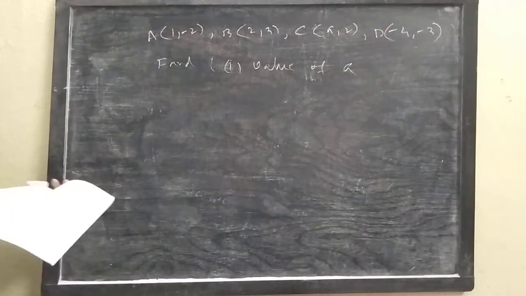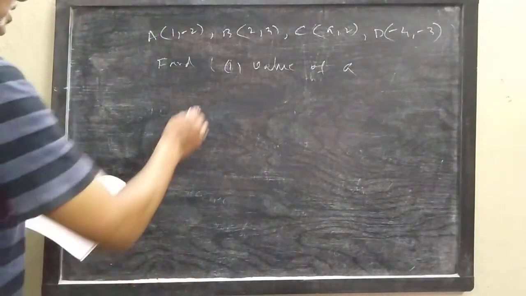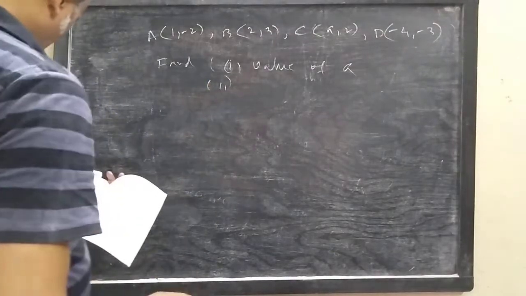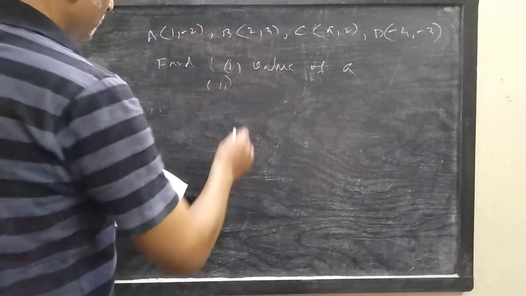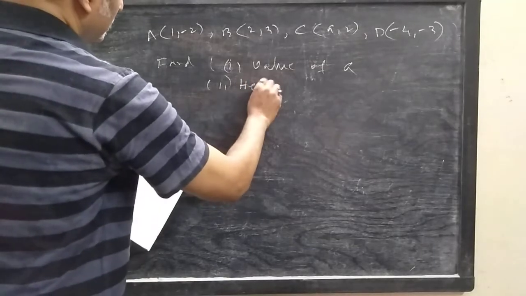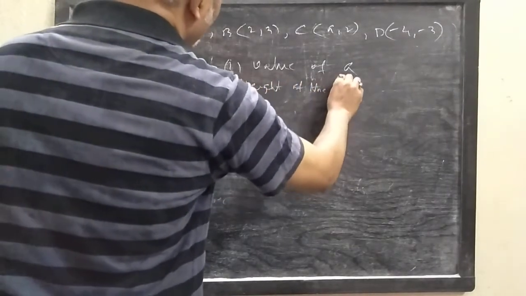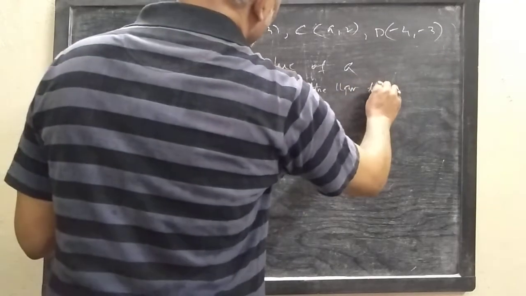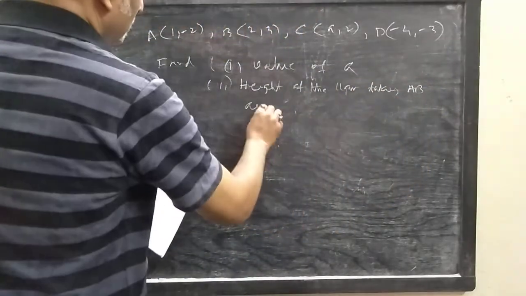How can you find a? Apply the property that diagonals bisect each other. You can get a. Number 2, the height of the parallelogram taking AB as base.